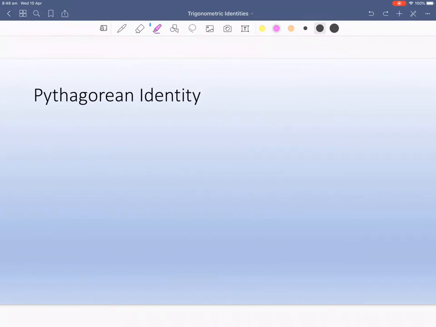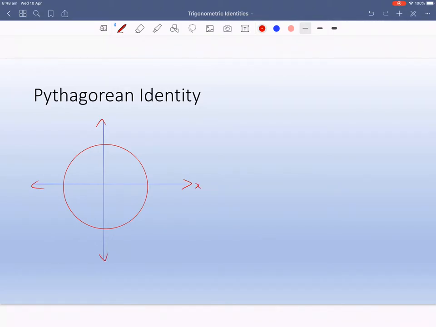Okay, so this is actually the most important one. And to do this one, I've got to build my unit circle. So I'm going to draw my circle there, and I'm going to put in a bit of detail here.